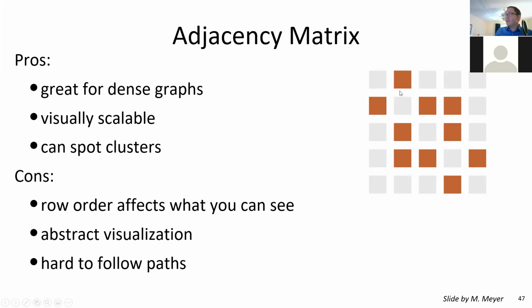So A goes to B, and then B goes to C, and then C goes back to B, it goes to D, and D goes to B, C, I've already visited that, E, and then that's it. If I want to find the path from A to E, I have to go A, B, B, C, C, D, D, E. Right. It's hard to read. A lot harder than just using your finger.